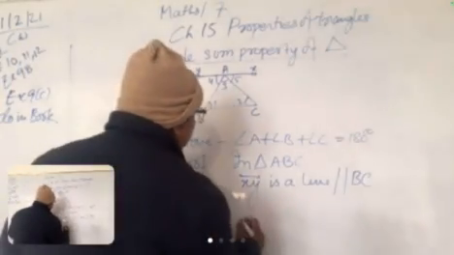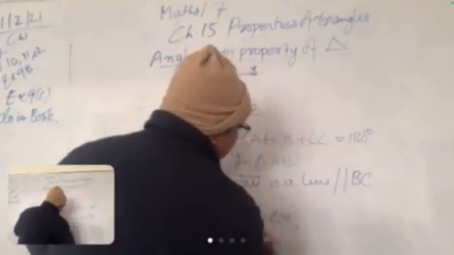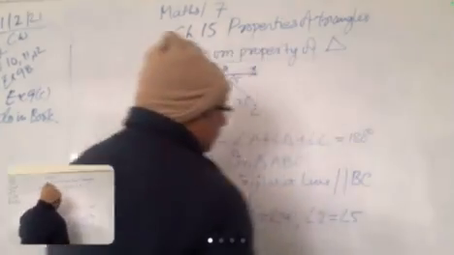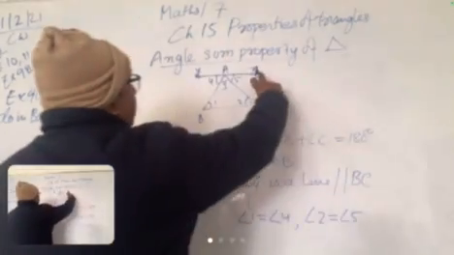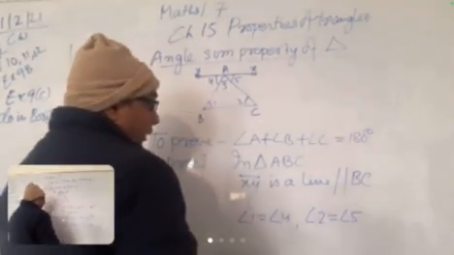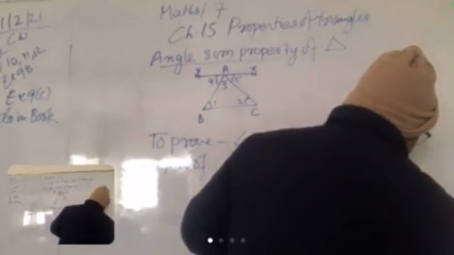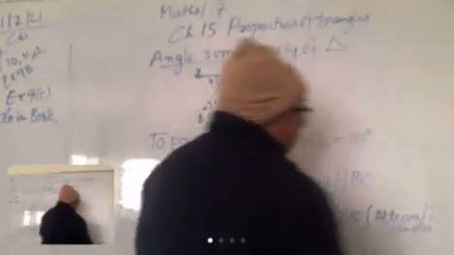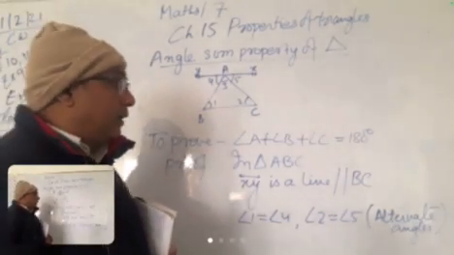Now, angle 1 is equal to angle 4 and angle 2 is equal to angle 5. If the two lines BC and XY are parallel, then angle 1 is equal to 4 and 2 is equal to 5. They are alternate angles. सबने पैरेलल लाइन पढ़ लिया है ना? पढ़ा है प्रॉपर्टीज ऑफ पैरेलल लाइन?